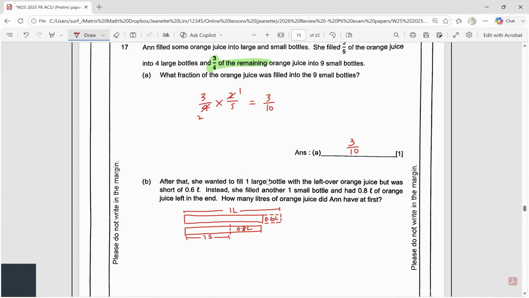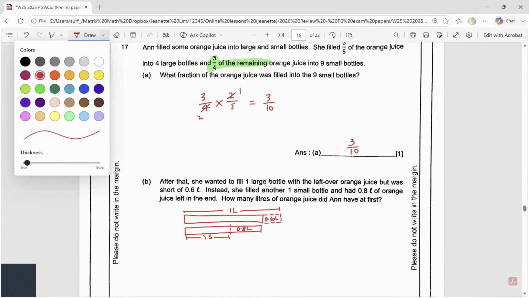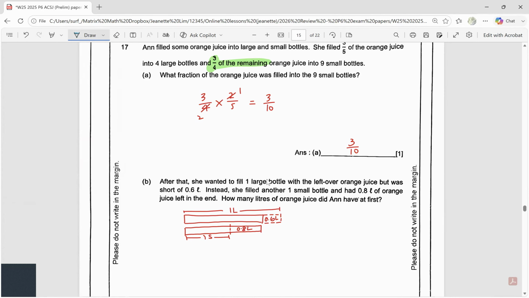So what we know is that the difference between 1 large and 1 small is 0.8 liters plus 0.6 liters, so 1.4 liters.